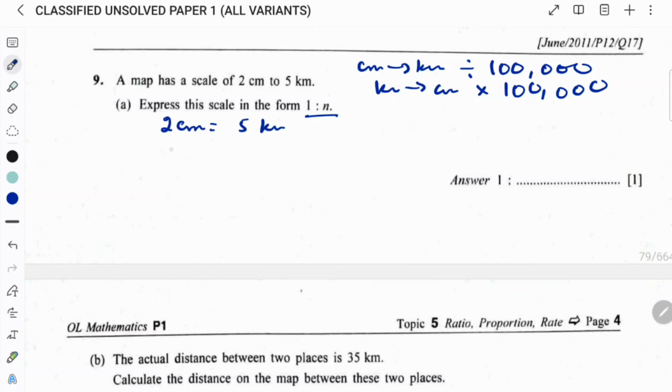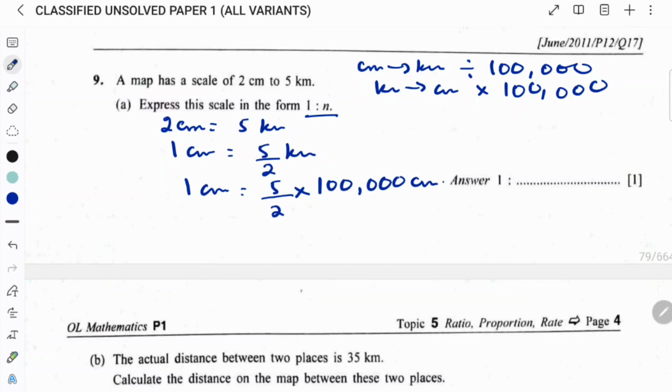So 2 centimeters is 5 kilometers, so 1 centimeter is equal to 5 over 2 kilometers. 1 centimeter is equal to 5 upon 2 multiplied by 100,000.